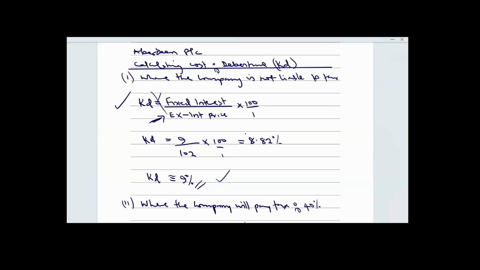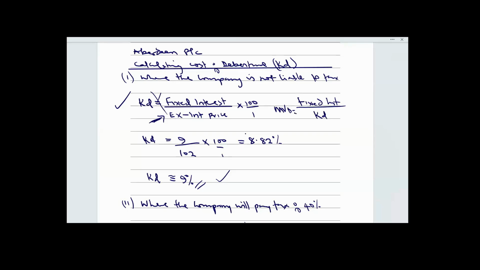Whenever you are asked to calculate the market value of irredeemable debt, it's simply the fixed interest divided by the cost of debt. Cost of debt is the same thing as KD. This is market value of the debt.